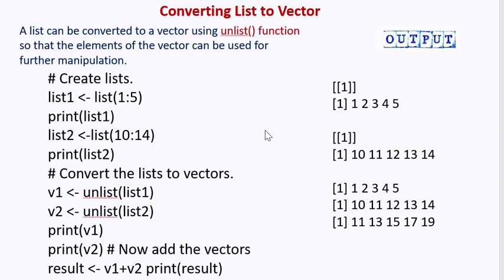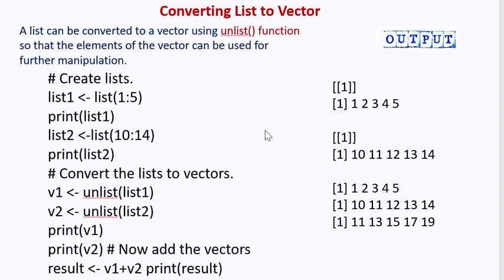So let me see a sample. We have two lists here. One is list 1 and another one is list 2, where list 1 contains 5 values, starting from 1 to 5. This way, we are mentioning the set of data to be created inside the list in the form of a sequence.